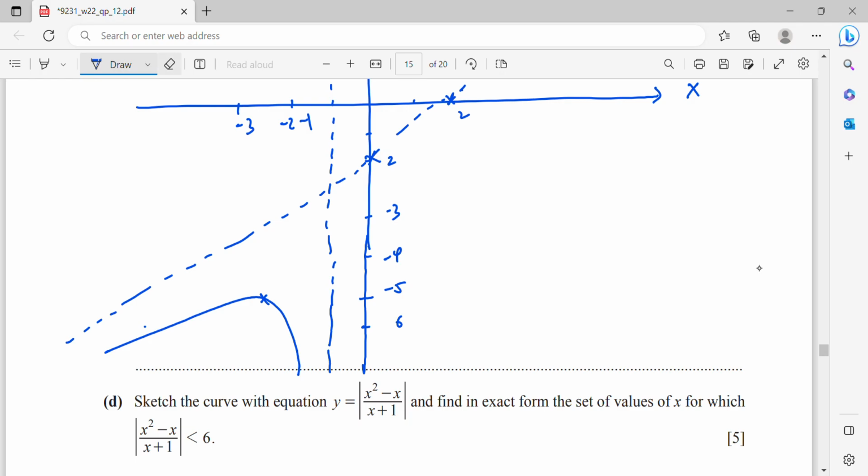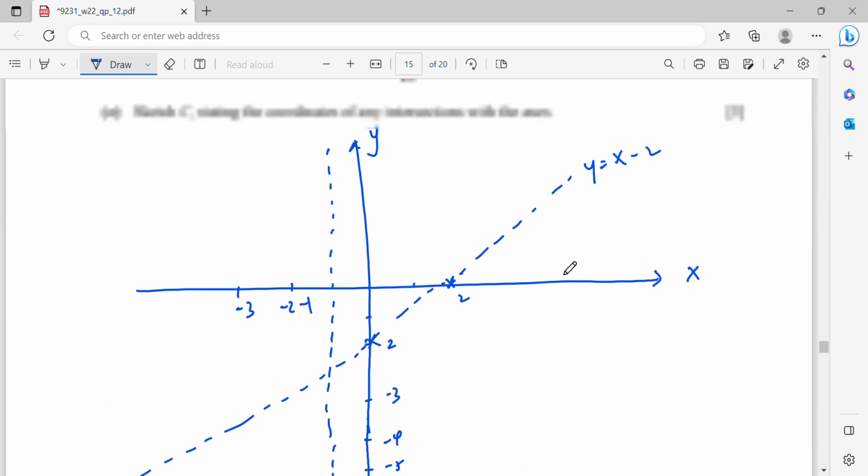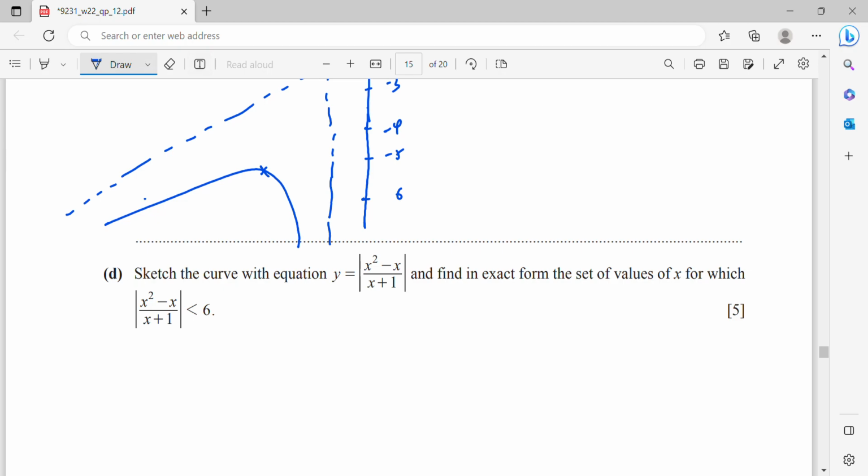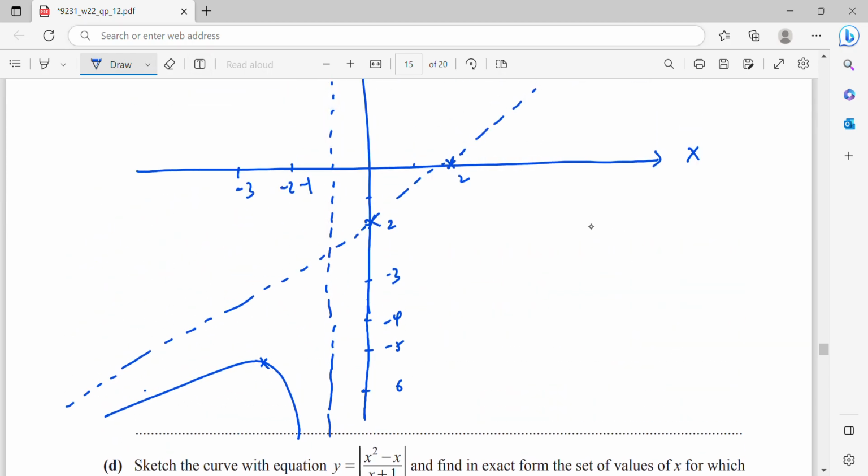Okay, so here should be negative 5, here negative 6, 5.83. Okay, maybe I adjust my labeling. I need to show that here is negative 5.83.